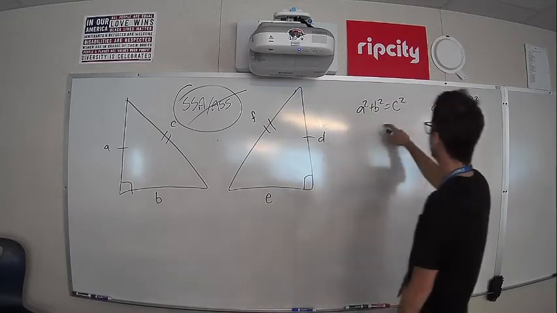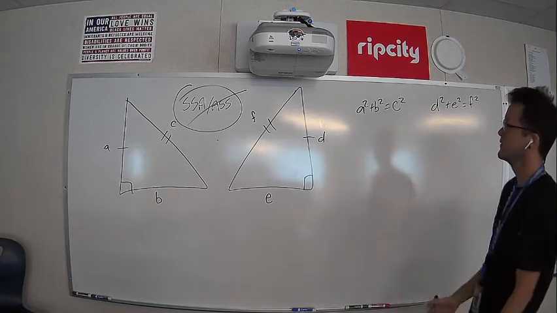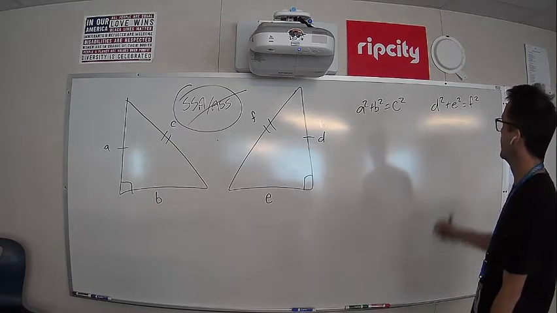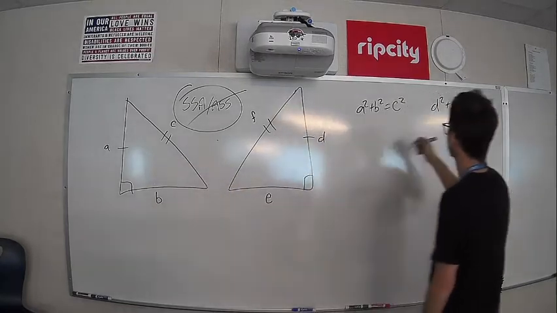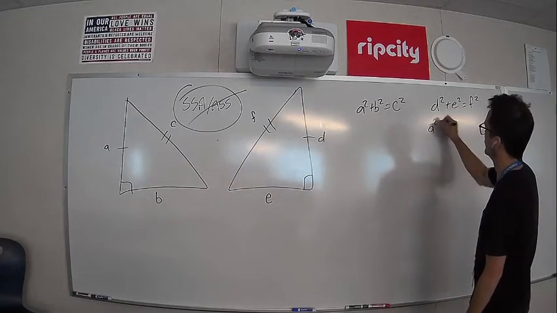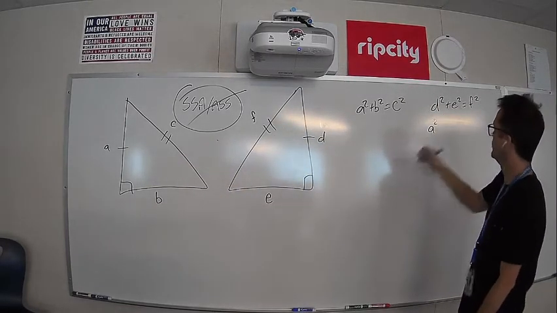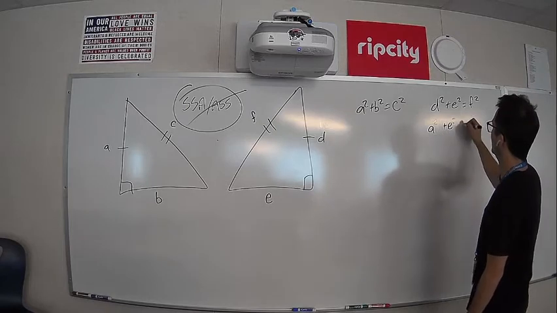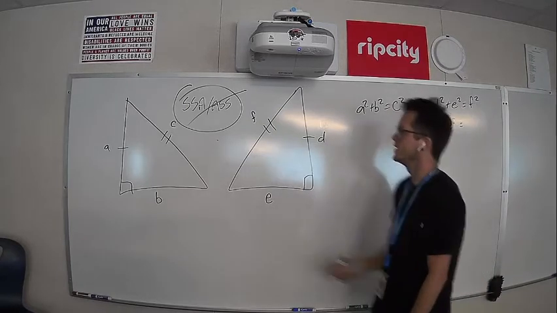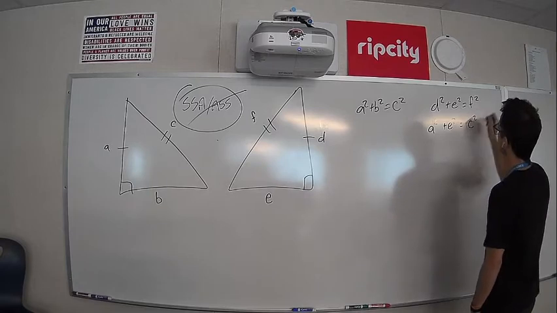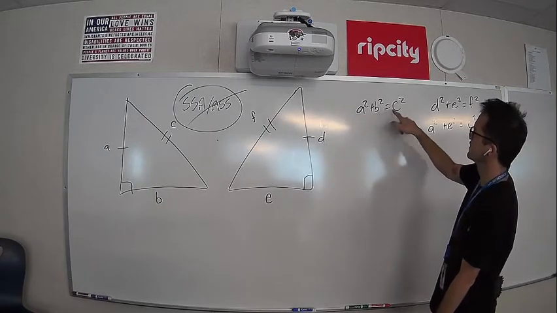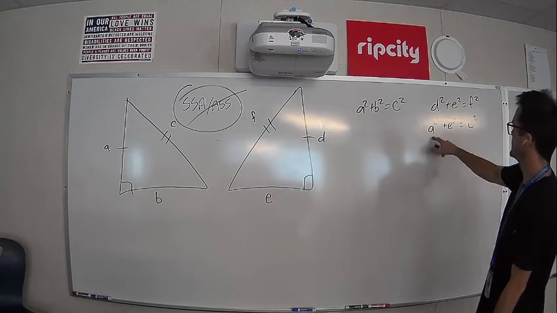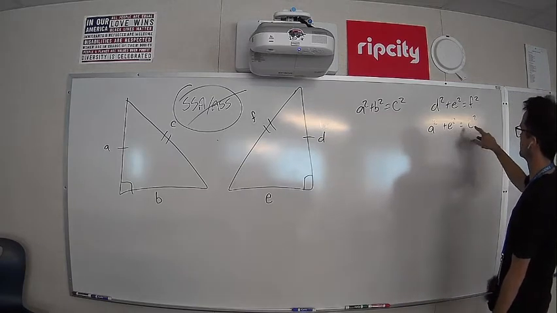So with these equations over here, I'm going to do a little bit of substitution. We know that d has the same length as a, so I'm going to substitute a in for d. We don't know anything about e at this point, but we do know that f and c are the same, so I'm going to capture that here. So now we have these 2 equations. a squared plus b squared equals c squared, and then we have a squared plus e squared equals c squared.